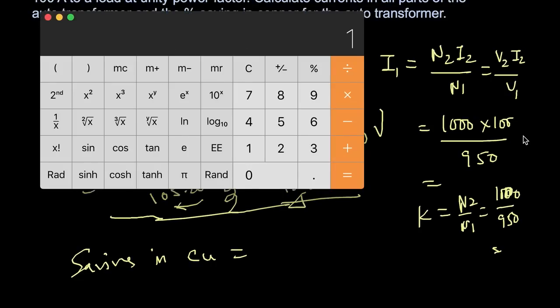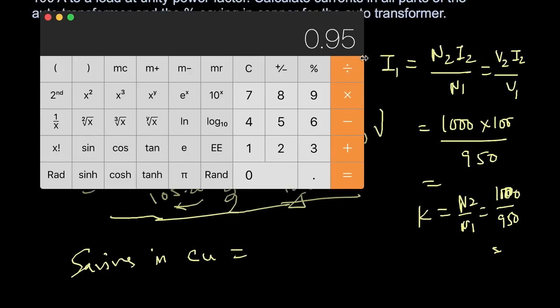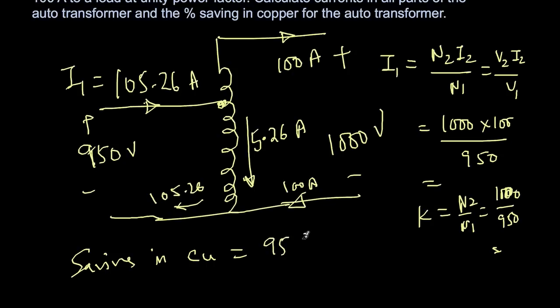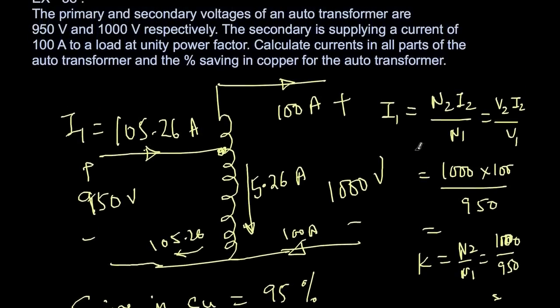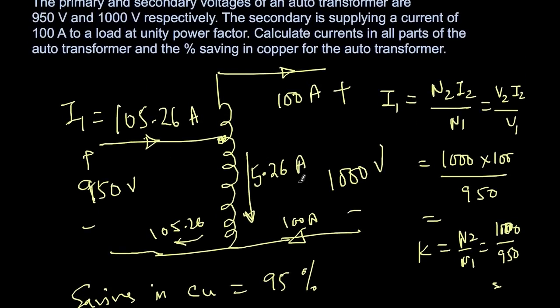It's basically the same thing, and then this will be inverted. So if I just invert this, I'll get 95%. So saving in copper is exactly the same, 95%. I hope with these two problems, 37 and 38, you understood how the auto transformer works. We'll solve more problems.